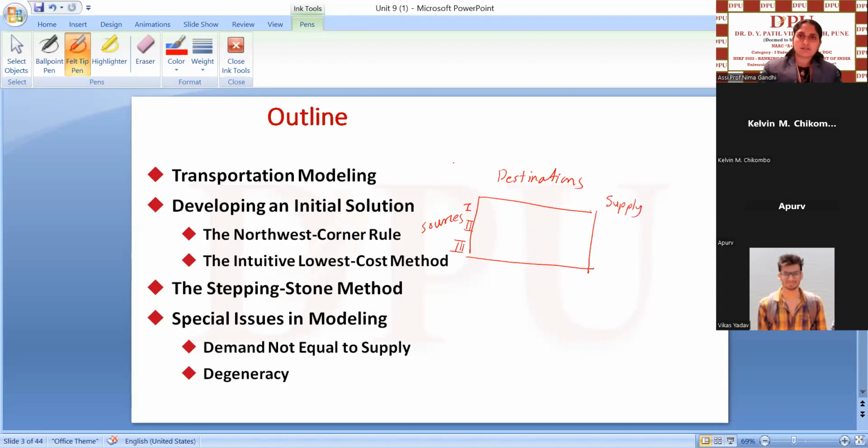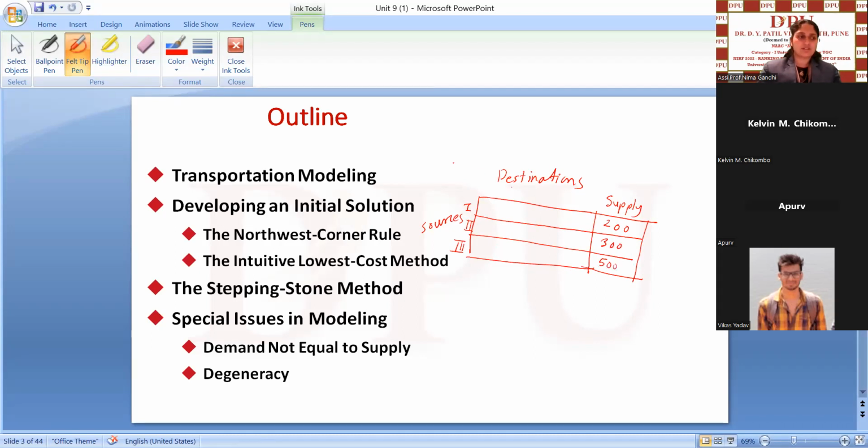Supply means how much they can produce. Let's say source 1 is producing 200 quantities, source 2 is producing 300 quantities, and source 3 is producing 500 quantities of that particular product.